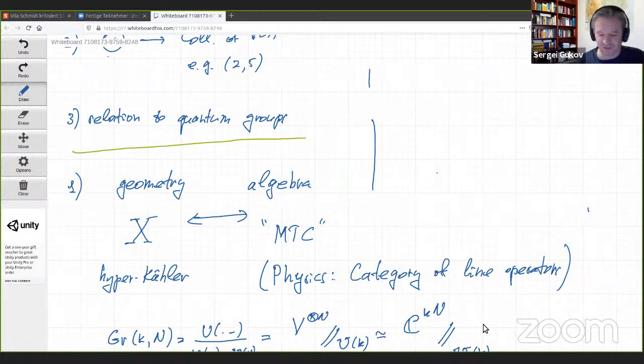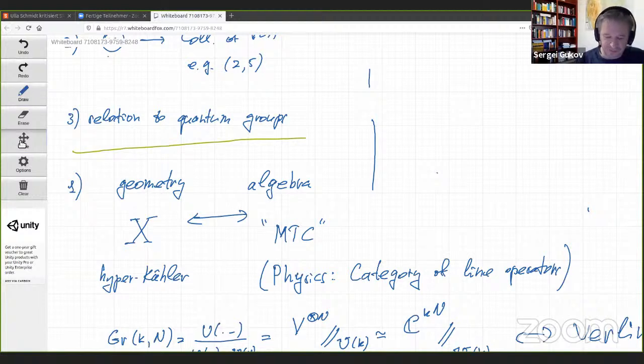So that's the Kähler quotient. This is what you need for the Verlinde algebra. So this gives you Verlinde according to Witten.